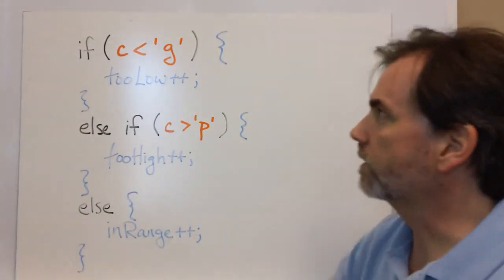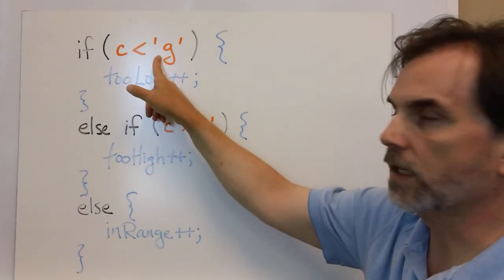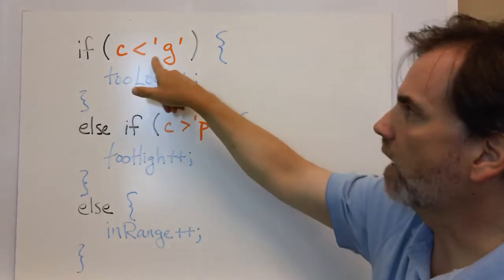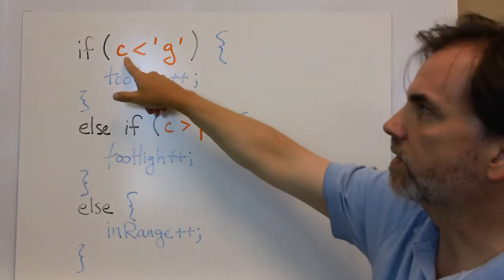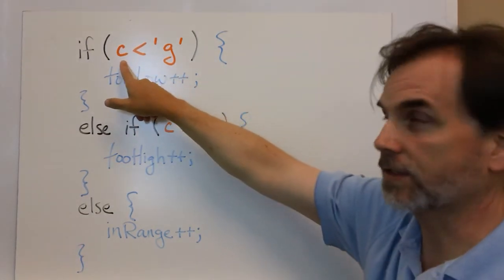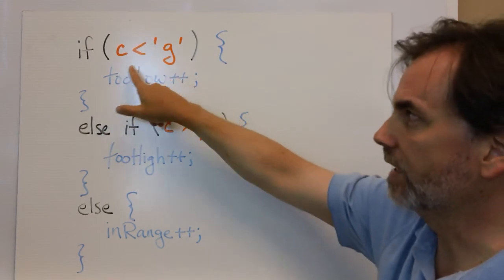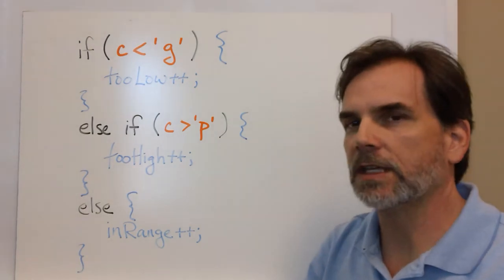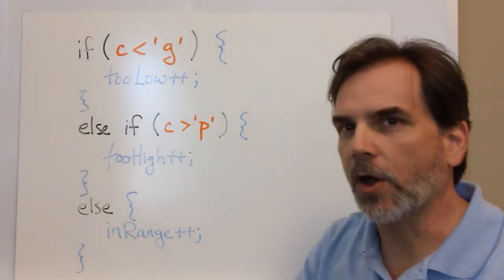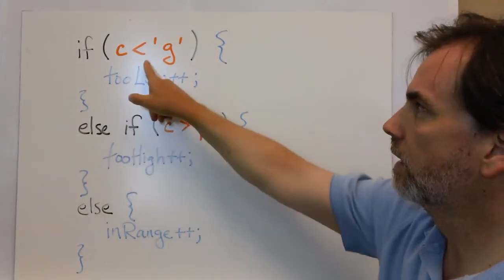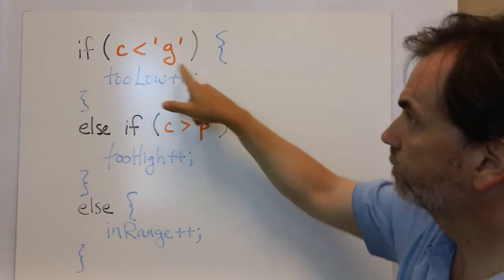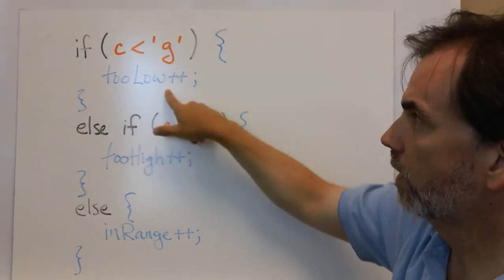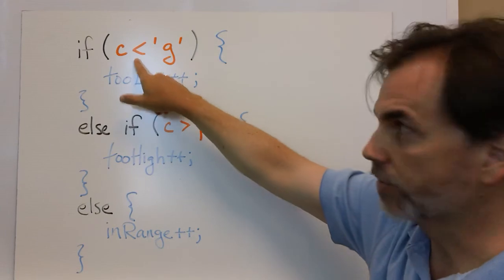But that's fine because a character is treated like an integer. So if C is less than 'g', that means if the ASCII code that's in C is less than the ASCII code of g, or if the letter that's stored in C is alphabetically below lowercase g, then this is true.